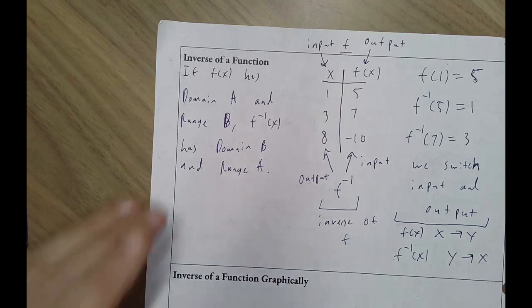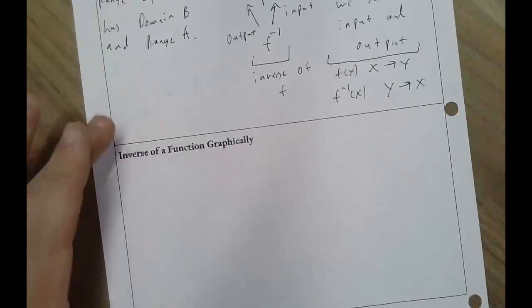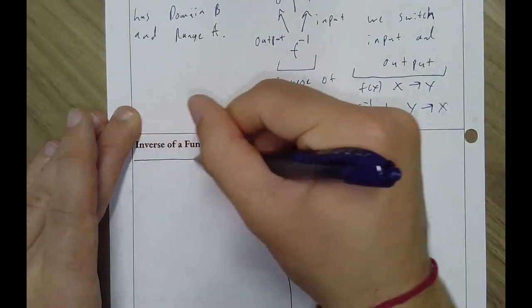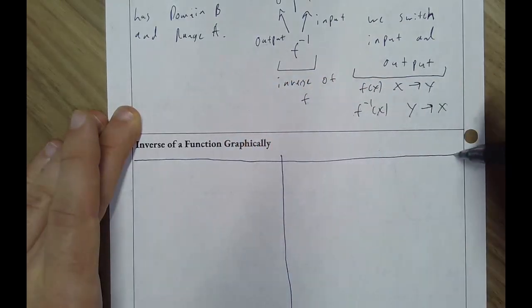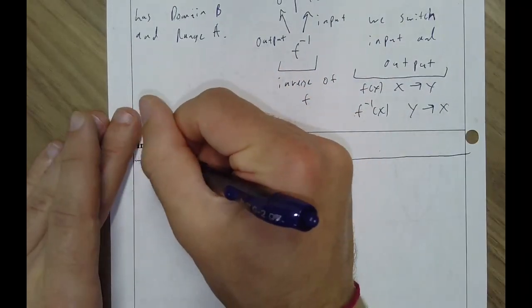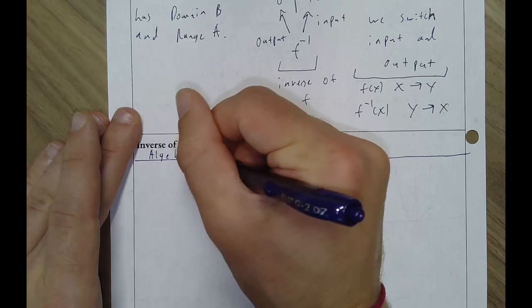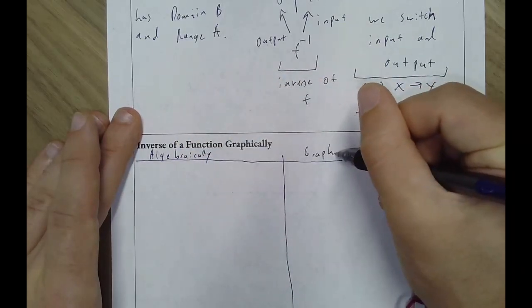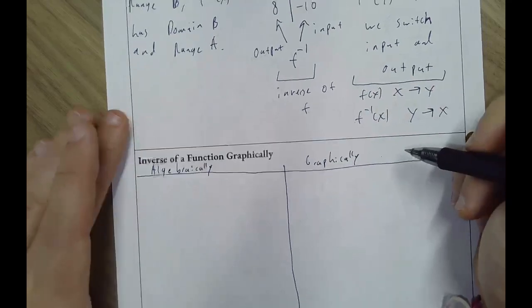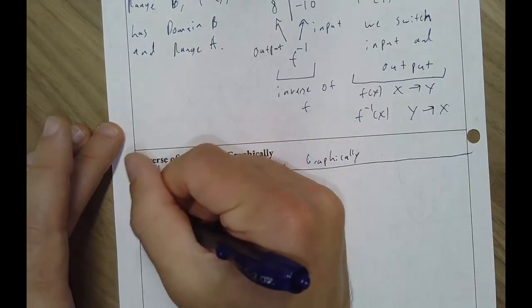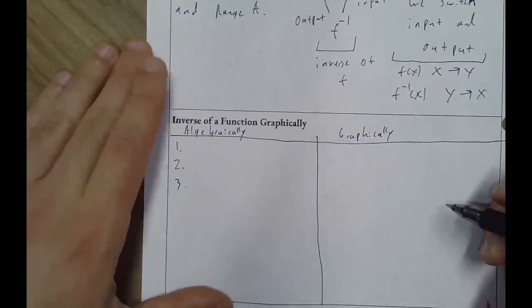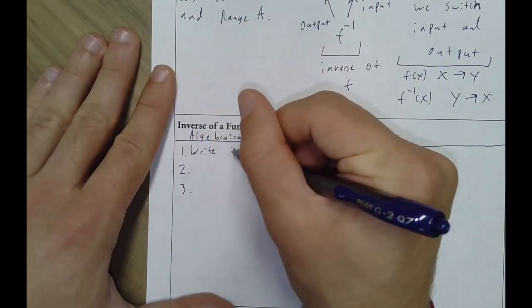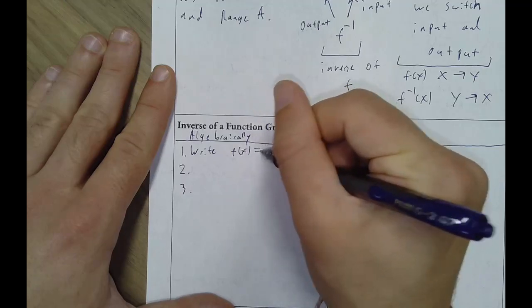This is really important. So I'm going to split this up down here. On the left side, we're going to find it algebraically. On the right side, we'll find it graphically. So algebraically, it's 3 steps. First, you're going to write f of x as y.